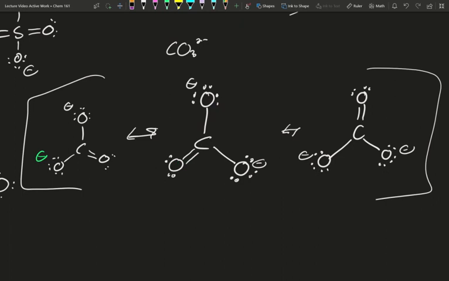And so if it was one of these, we should see 2 carbon-oxygen bonds that are longer and one that is shorter. But the reality is we see 3 identical bonds. They're all a little shorter than a single, but a bit longer than a double. The real image, the real structure is the hybrid.